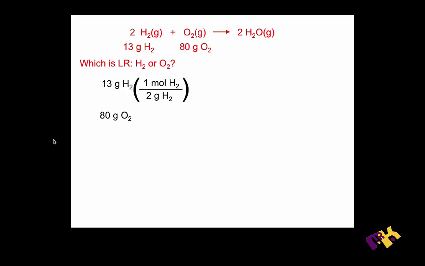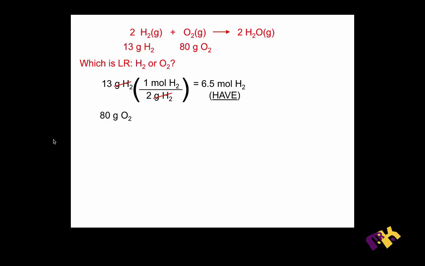We're going to divide by their molar masses. Remember, hydrogen gas is H2, so it has a molar mass of 2 grams per mole. So we run that through, and then we find that we have 6.5 moles of hydrogen gas.